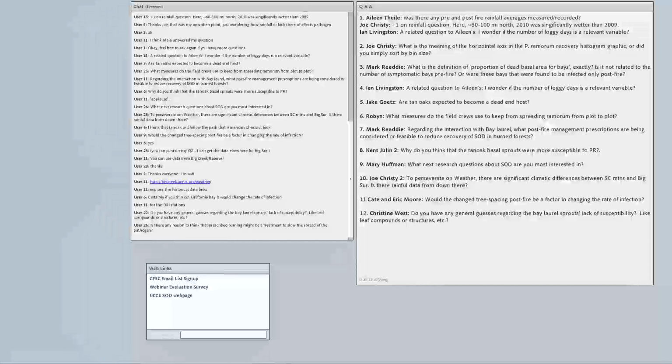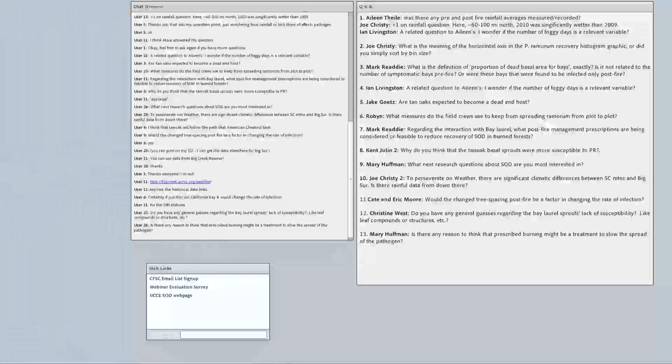It is my understanding that in Dave Rizzo's lab, he has a new student right now who's going to be following up on this, the interaction between the different Phytophthora species and what's going on. But in terms of the actual physical properties of bay laurel leaves, I don't know if there are any of those that might be impacting it.